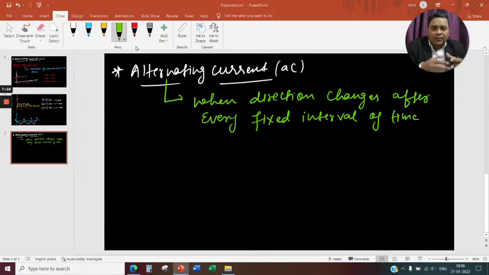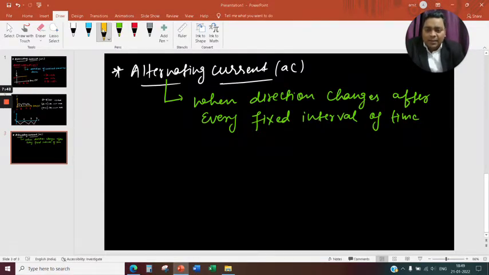If the physical quantity is voltage, then we can say that the nature of voltage is alternating voltage here. So one thing is compulsory. Regarding the magnitude, I am not focusing here. Regarding the direction, the main concern point is direction. If direction changes continuously after fixed interval of time, then we can say that the nature of the current is alternating current.